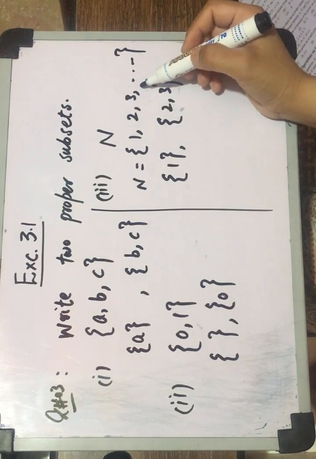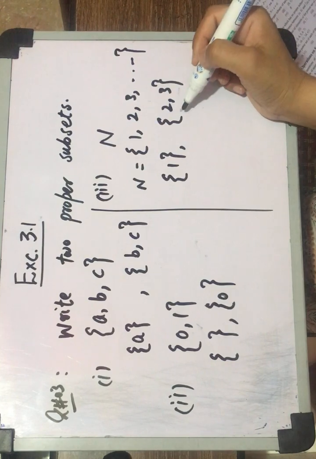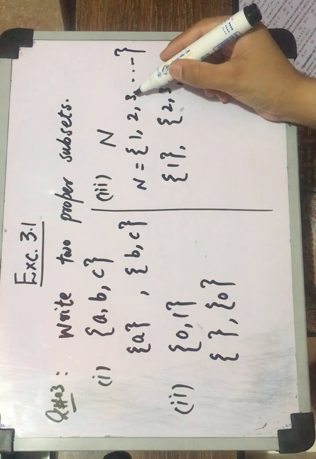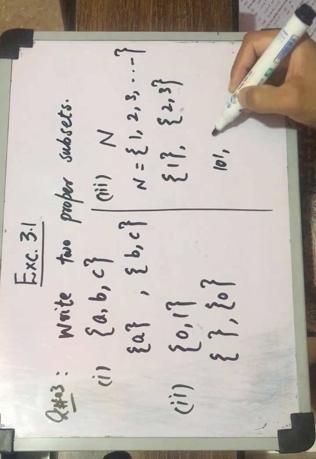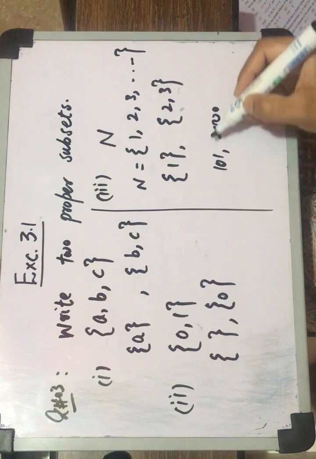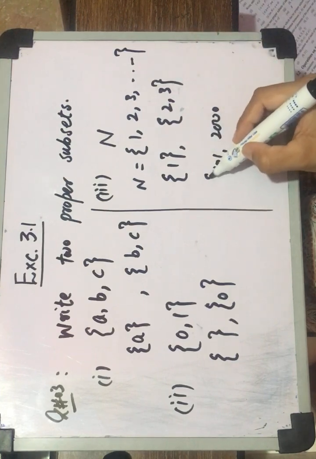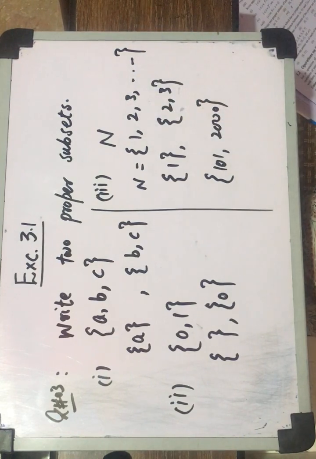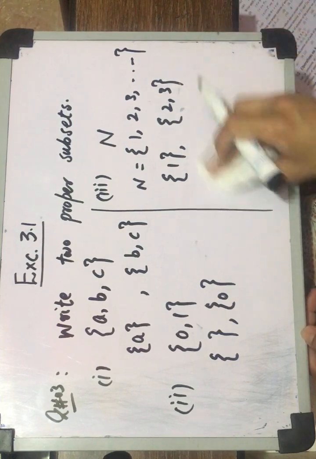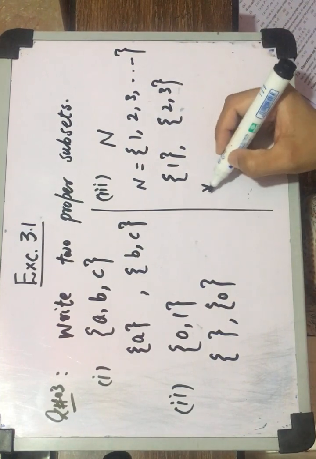Because natural numbers are unlimited, you can make many more. Let's suppose I'm going to take {101, 2000}. These are all proper subsets of this set. Here I have to write only 2, so these 2 are enough for this question.